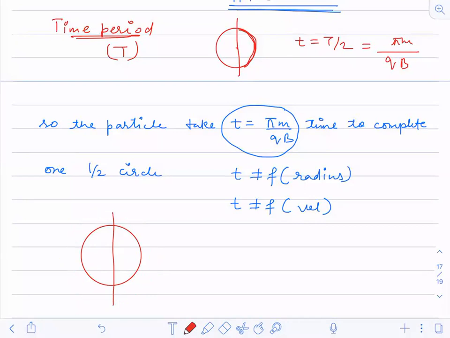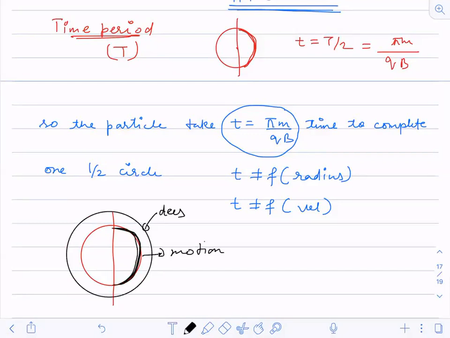This is the particle motion, and this in black color is the D. These are the Ds, and this is the motion trajectory. So this is the motion in D1, and this is the motion in D2. So you have motion in D1 and D2.